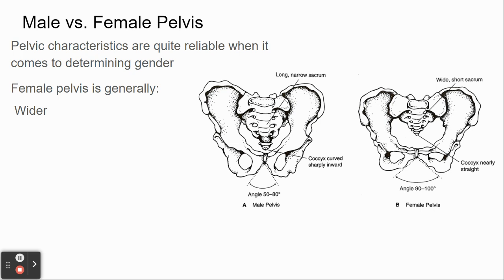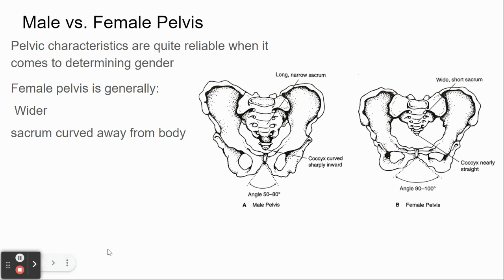Females tend to be more opened up side to side. You've got the sacrum, which in males tends to curve inward towards the front of the body. In females, it's pushed more back. And again, what that does is it keeps that tailbone out of the way and creates a wider opening for babies to pass through that birth canal.